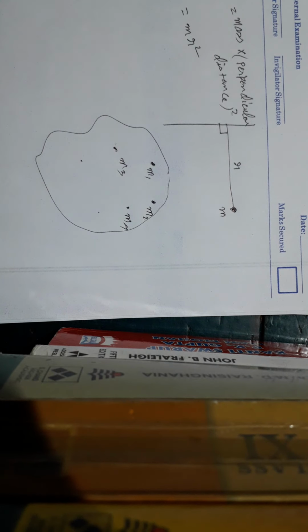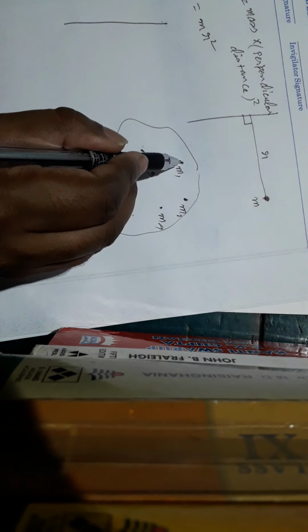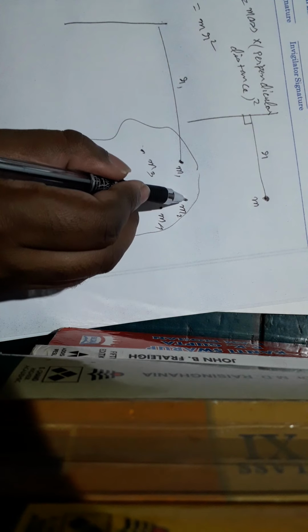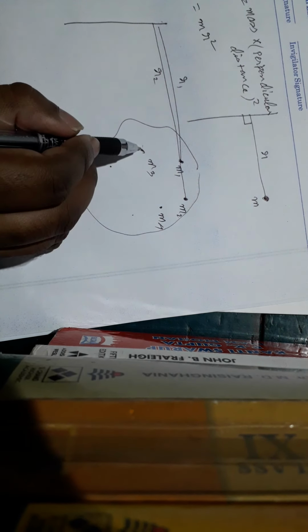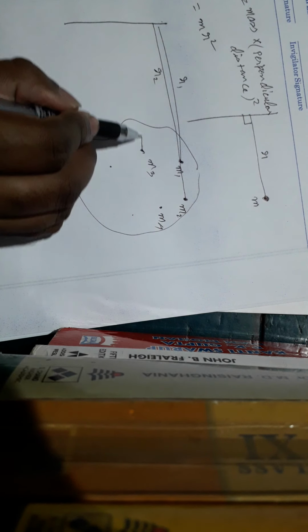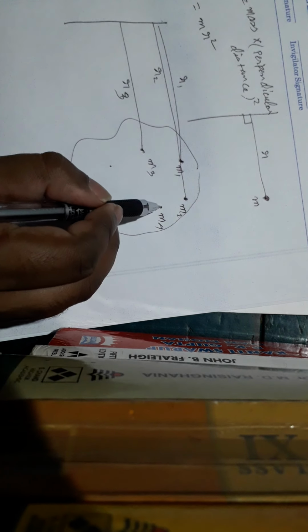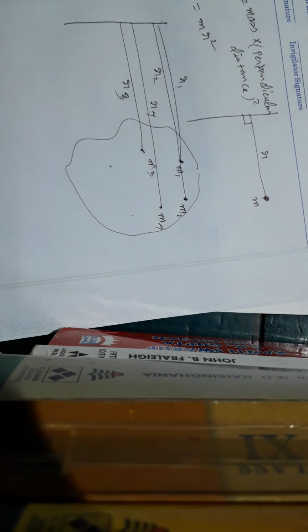Let this be the axis through which the body is going to rotate. The perpendicular distance from mass m1 to the axis of rotation we take as r1, from m2 as r2, from m3 as r3, from m4 as r4, and so on.